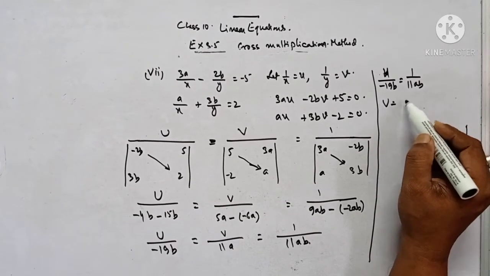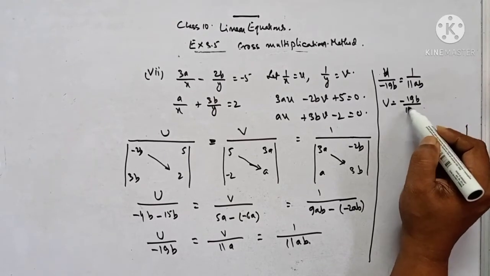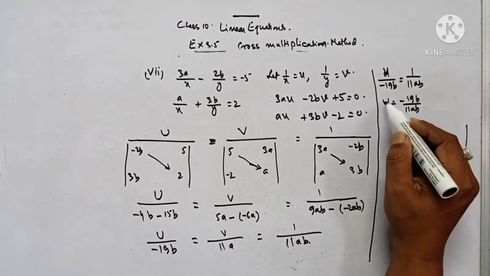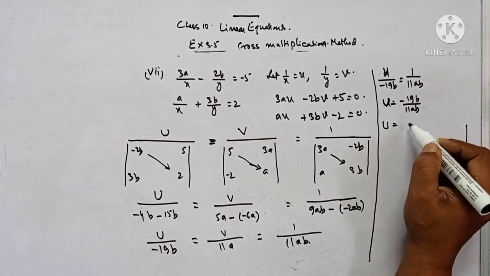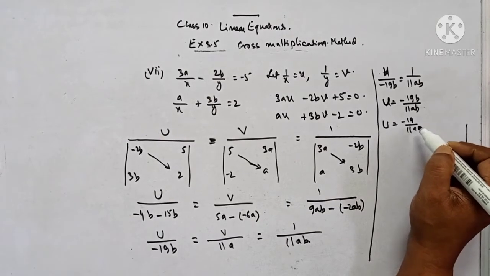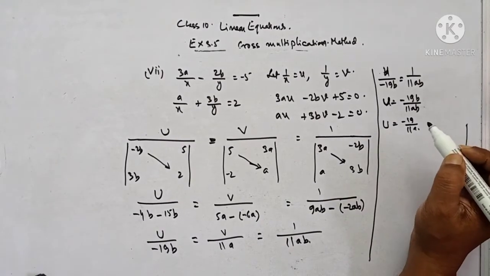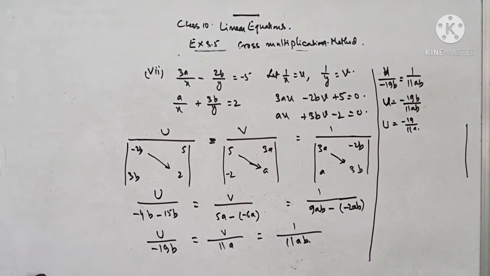So u is equal to minus 19b by 11ab. So this is u. U will be equal to b cancels out, minus 19 by 11a. Let me see the answer. It looks as if there is something wrong.